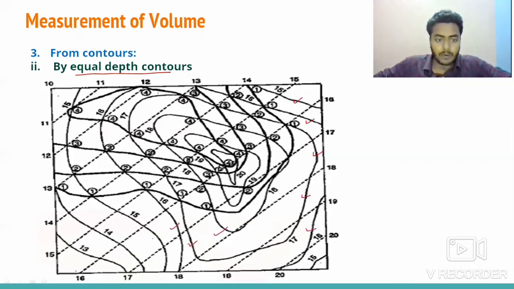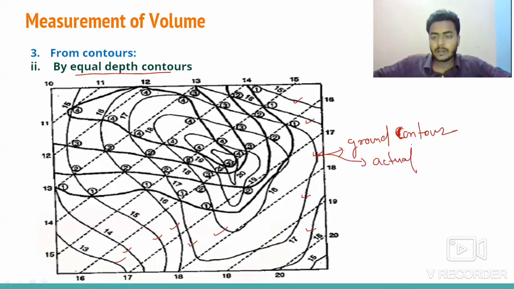This is also called ground contour. Ground contour means this is the actual ground feature. Okay. So this graph is showing the actual ground conditions.